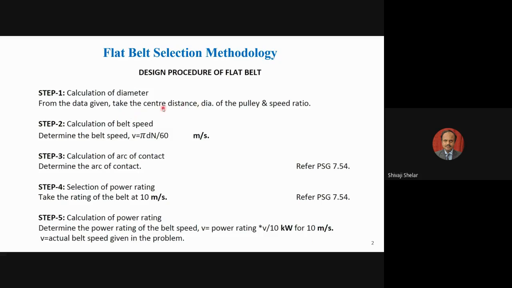So the center distance will be given, or you need to assume depending upon the problem statement. So you will be calculating the diameter of the pulley based on the speed ratio. So speed ratio will decide what should be the diameter of the bigger pulley, what should be the diameter of the smaller pulley.